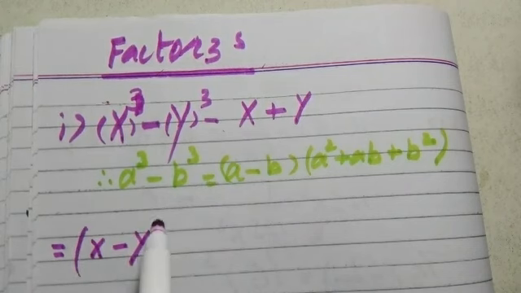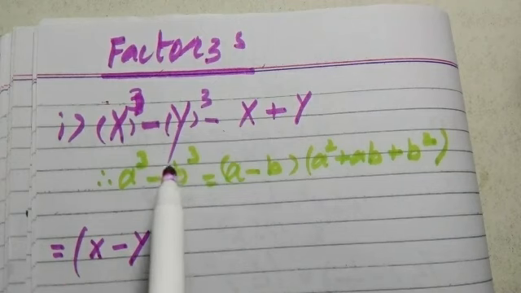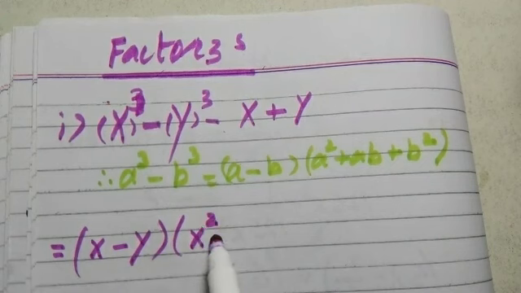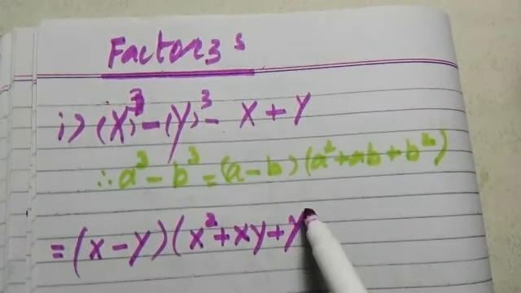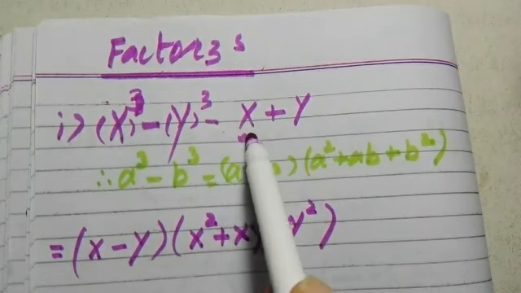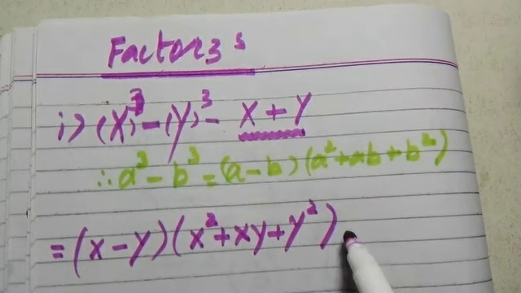So the expansion of the first two terms, according to the formula, will generate this type of expression: x square plus xy plus y square. And if you take out minus common from the last two terms, it will become x minus.